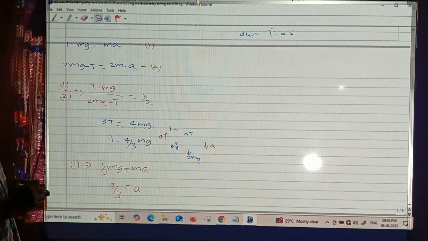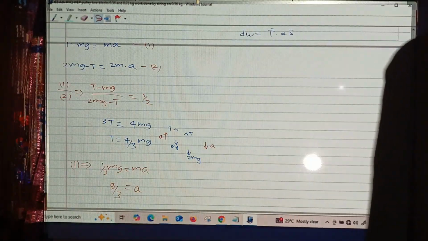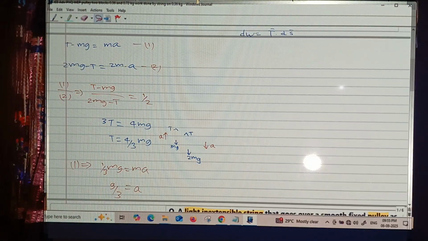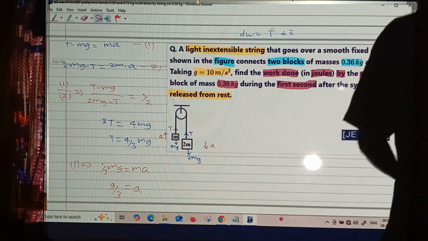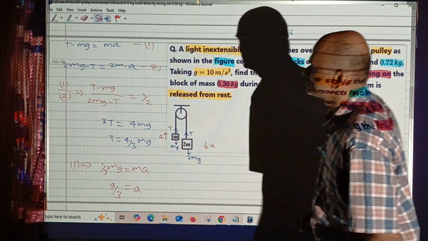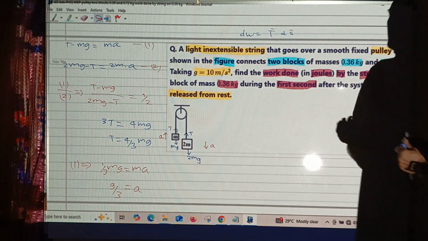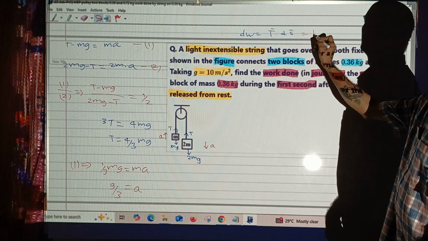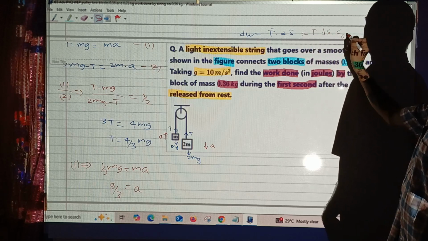Both are in the same direction, tension and ds. Tension is upwards and the mass will move up, so ds is also in the same direction. So the angle between T and ds is 0, so this will become T into ds into cos 0 degrees.